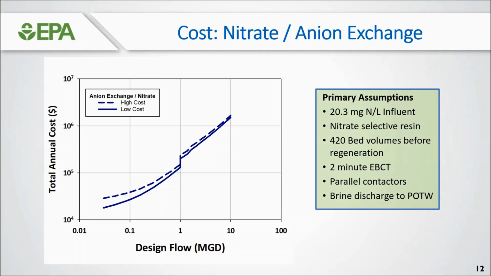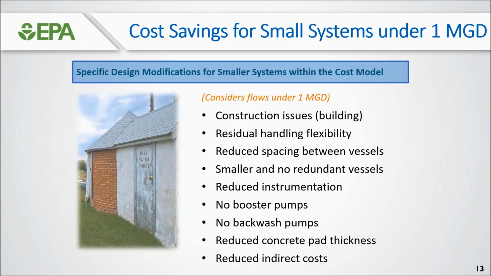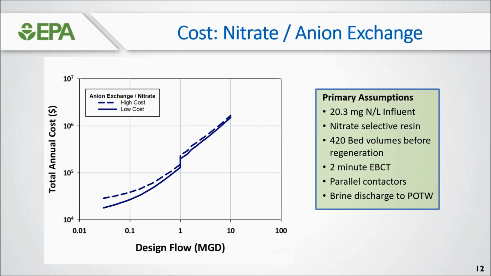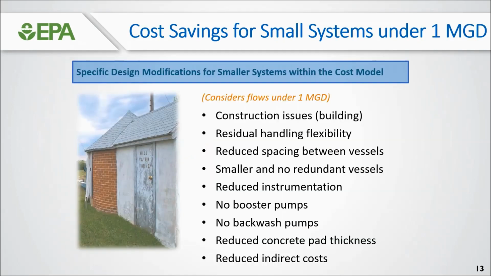And as you can see, there's a little bit of a discontinuity right at 1 million gallons a day. The reason for that is that small systems do have some cost savings. For instance, they can use prefabbed buildings. They can sometimes have residual handling flexibility, maybe a septic system.